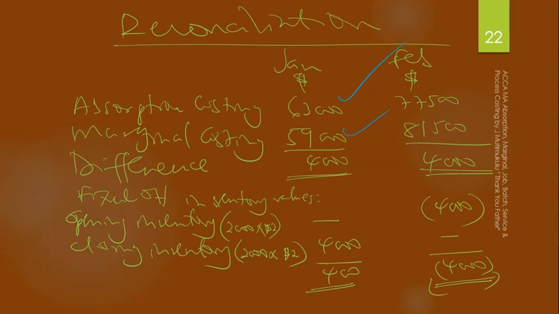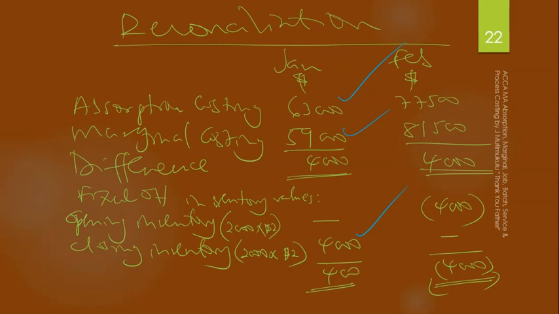Because we had closing inventory with a fixed overhead value of $4,000 in that month. Then in February, we only had opening inventory but no closing inventory.